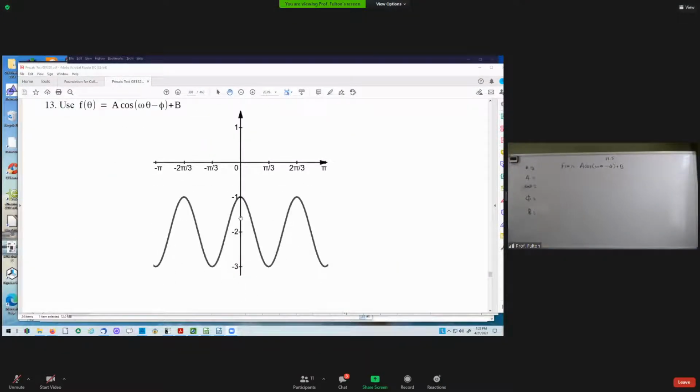Well, first thing we see, there is an offset. But let's first get the amplitude. It goes from -3 to -1. So this distance from here to here is 2 units. So the amplitude is just 1. Now the other thing, you can see the offset. So this -2 should actually be along the theta axis over here.